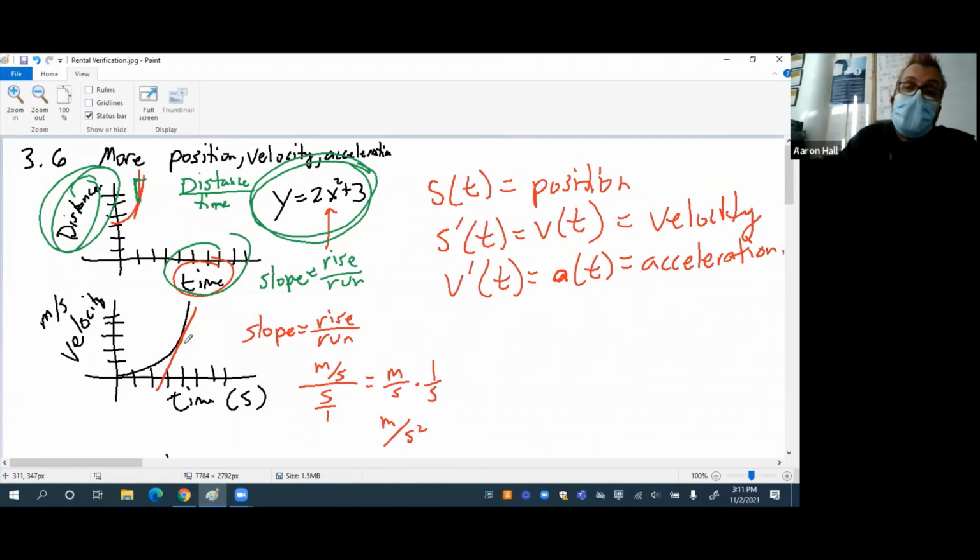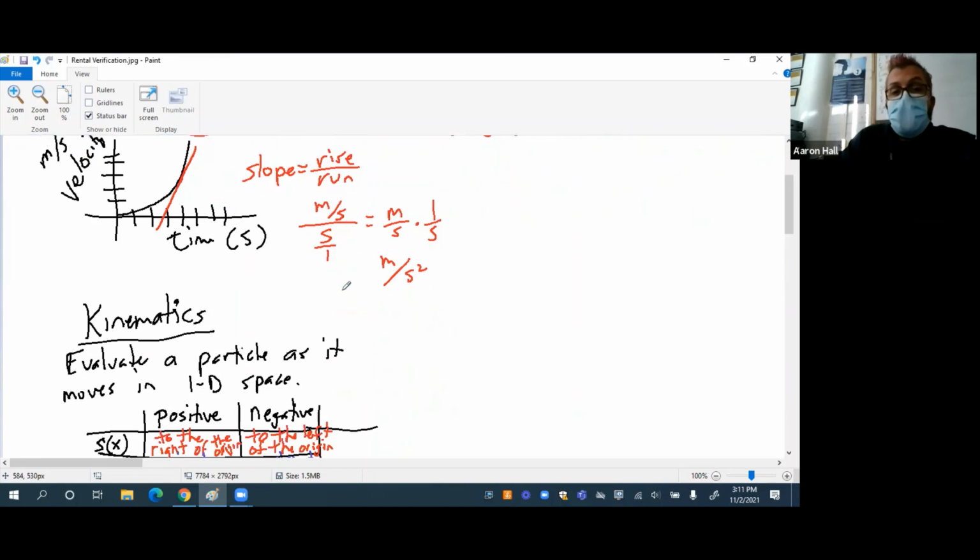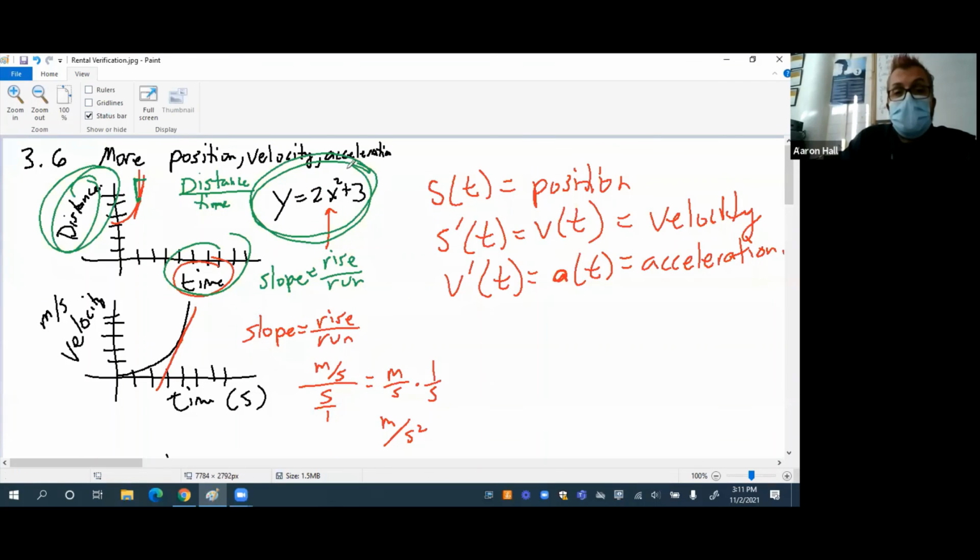Acceleration. If I give you some equation, how do you find a slope equation? You find the derivative. The point of a derivative is to tell you the slope at any given point.